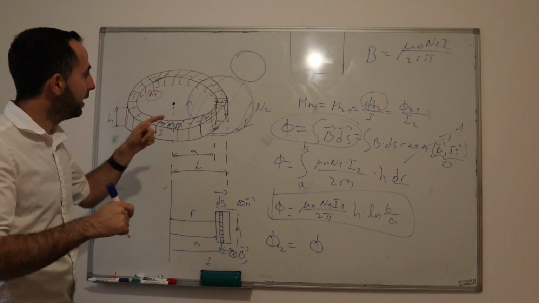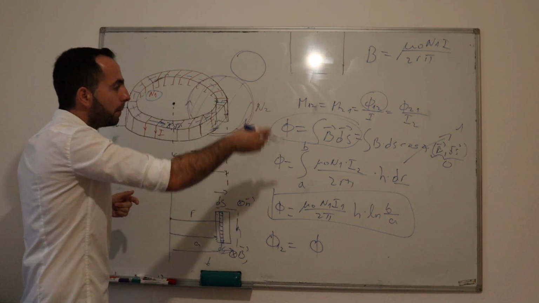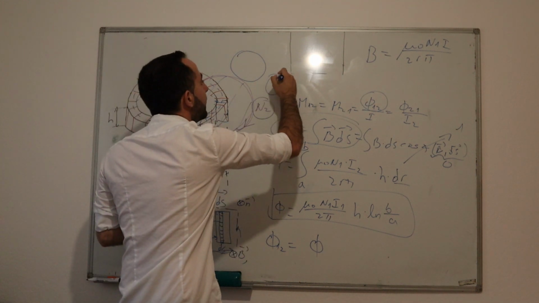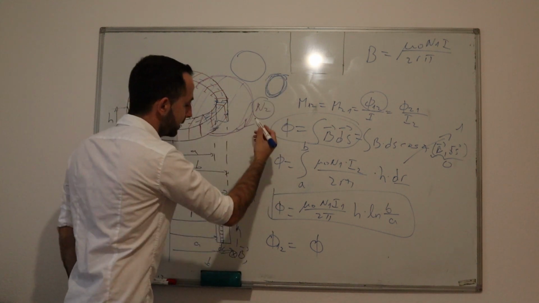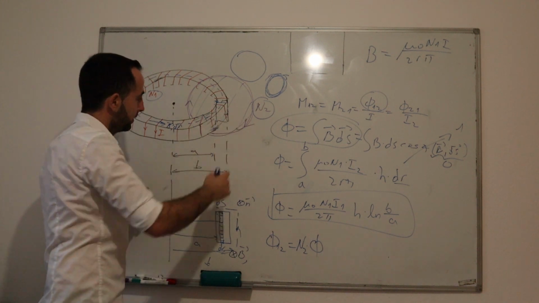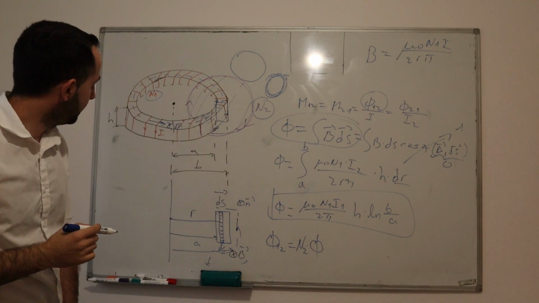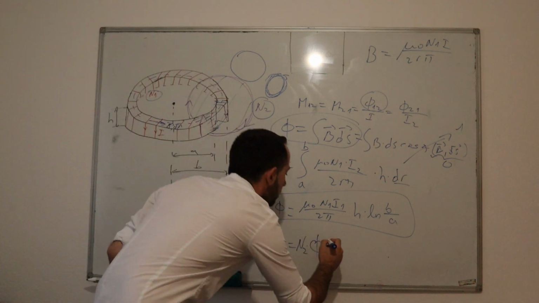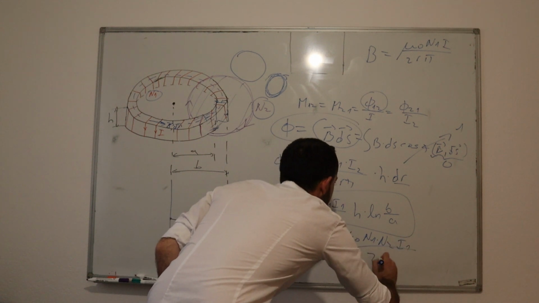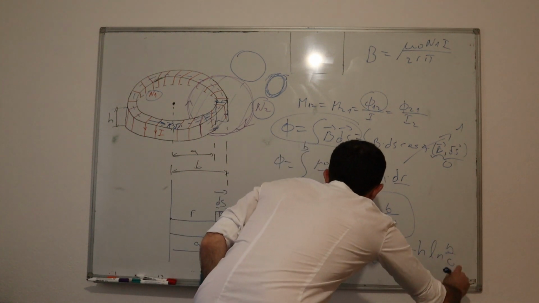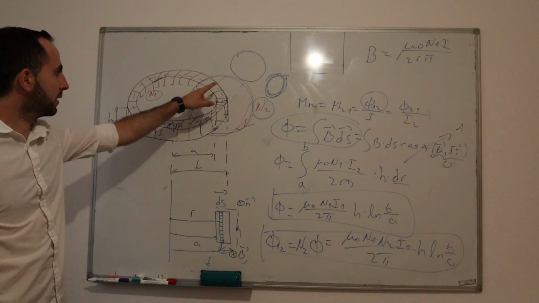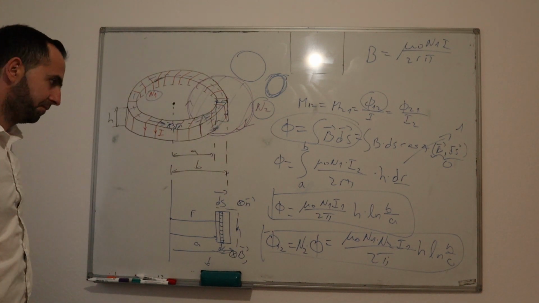But because here we have N2 loops, that means this is how many surfaces we have. So our total flux is actually N2 times the flux which we got inside the toroid. So we get mu 0 N1 N2 I1 h divided by 2 pi, times the logarithm of b divided by a. So this is the flux on this coil.